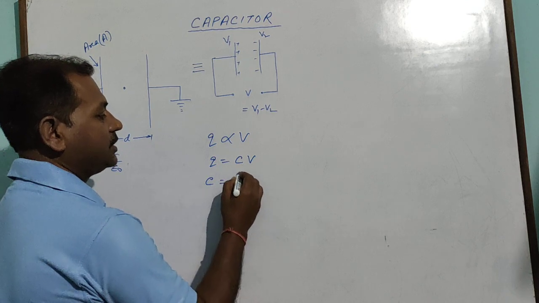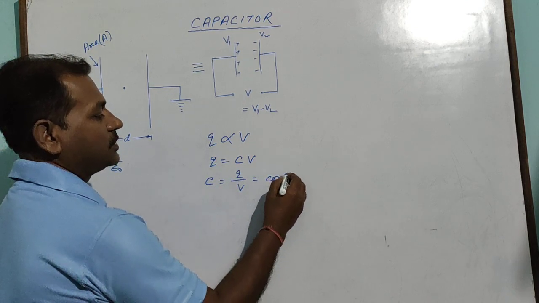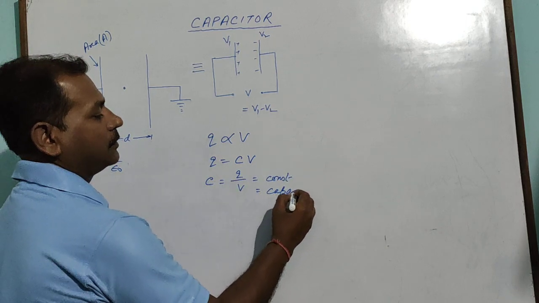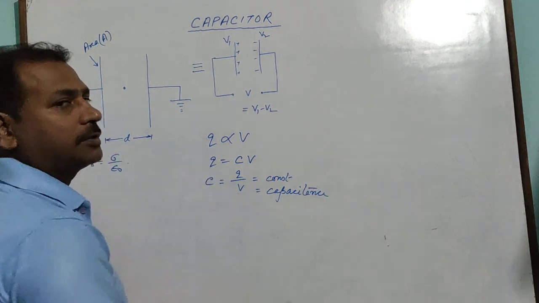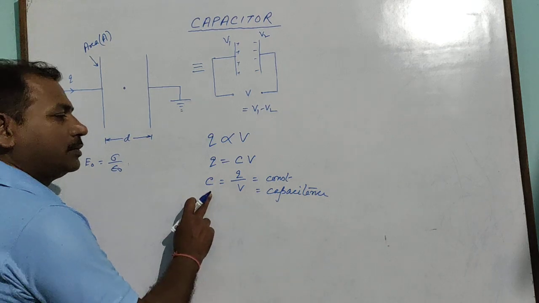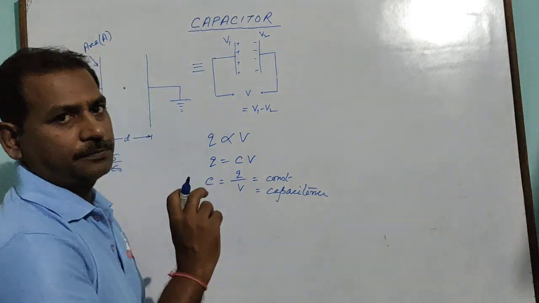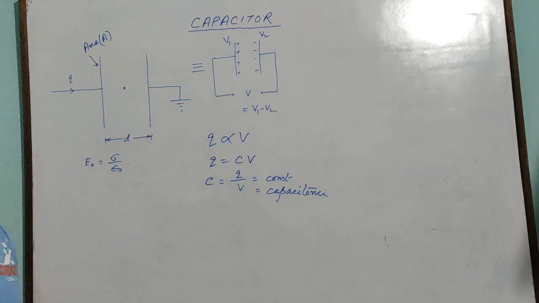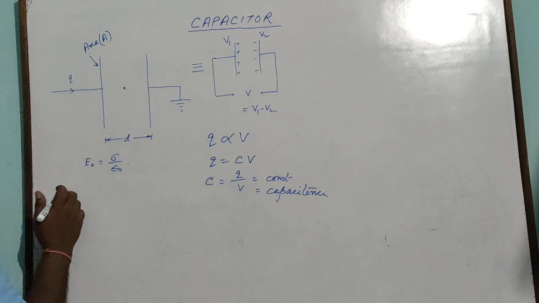That constant is known as capacitance, C. So this is the capacitance of the capacitor. You may call it capacitance or capacity of the capacitor. How will we calculate it? We can calculate it in this way.